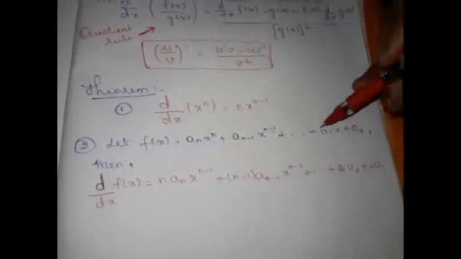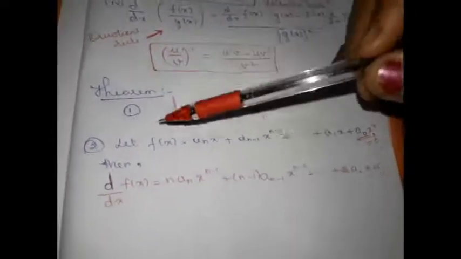So we end up with only a_1. Then a_0, if we differentiate with respect to x: a_0 means a_0 times x^0, so 0 times x to the power anything is 0 only, so this entire term is 0.